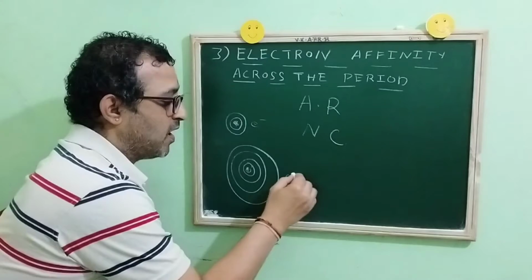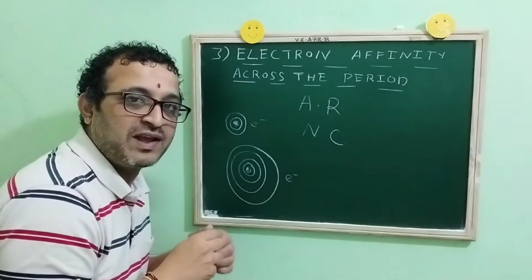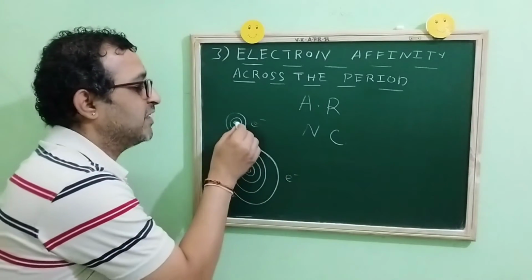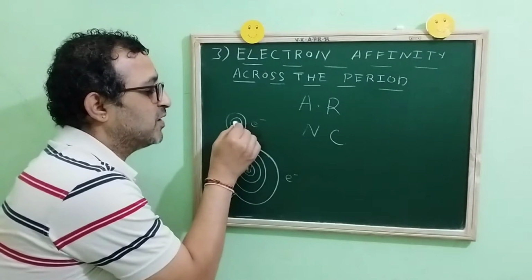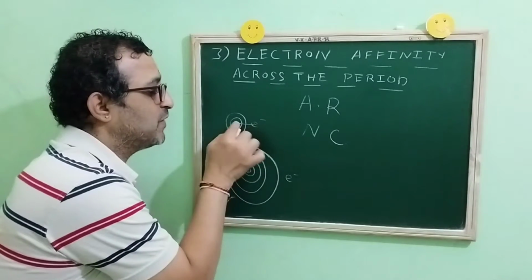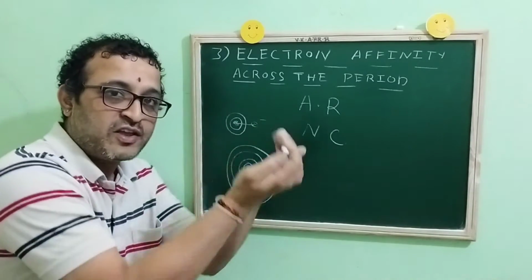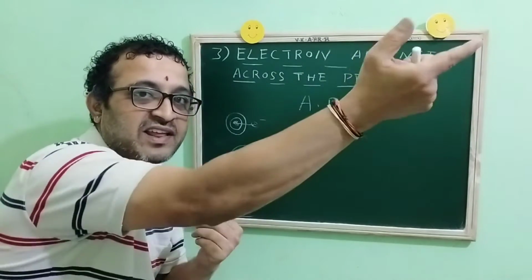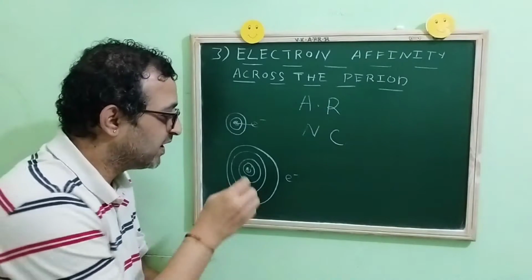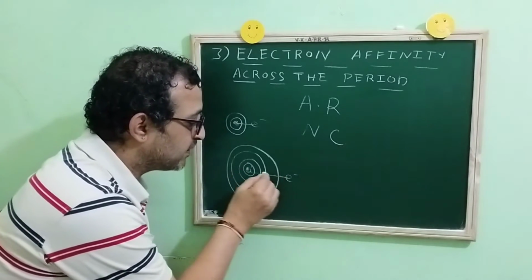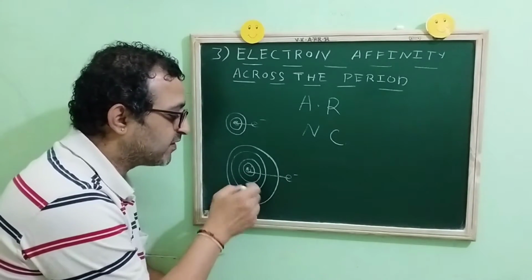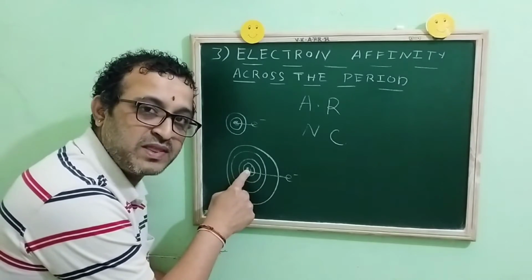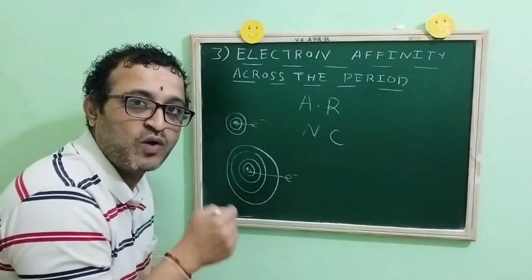Now, out of these two atoms, which one will accept the electrons readily? Obviously, the smaller atom. Because of the smaller distance, the force of attraction between the nucleus and the electron is more. So, it will accept the electrons most readily and it will release more energy. In this case, because of more distance, the force of attraction between the nucleus and the electron is what?